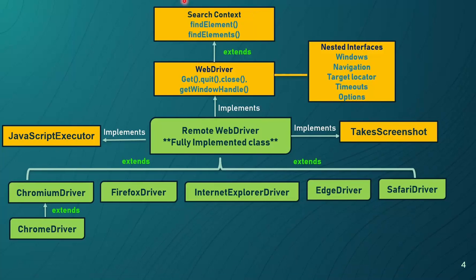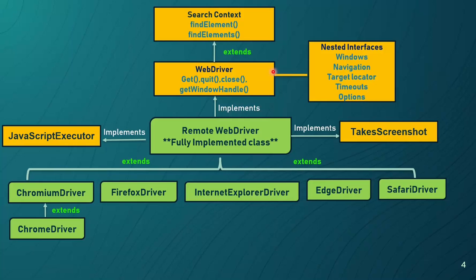Okay. So this is a search context, the super interface, which has the abstract methods find element and find elements. Next, we have the WebDriver interface, which is extended from the search context. This means that it contains the abstract methods find element and find elements.